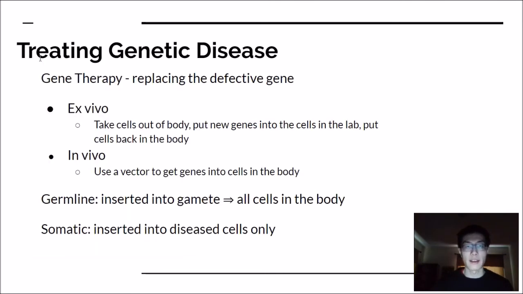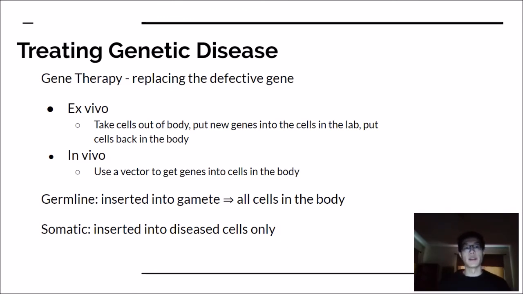You can also have a more genotypic approach to treating genetic disease, and probably one of the most prominent fields within treating genetic diseases is using gene therapy. So you're actively going in and replacing the defective gene. There are two main ways of doing this.